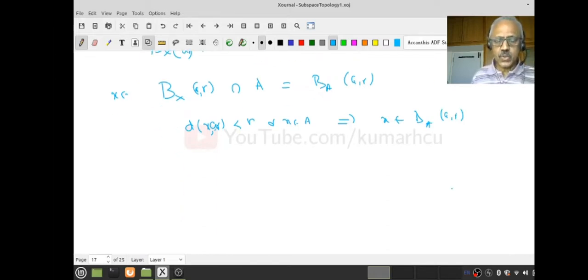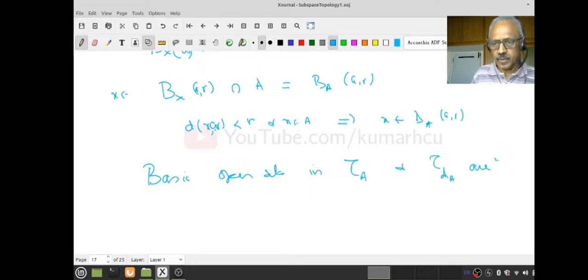So what I have shown is that the basic open sets of tau A and tau d_A are the same, B_X(a, r) intersection A equals B_A(a, r). They are the same, therefore the topologies are the same.